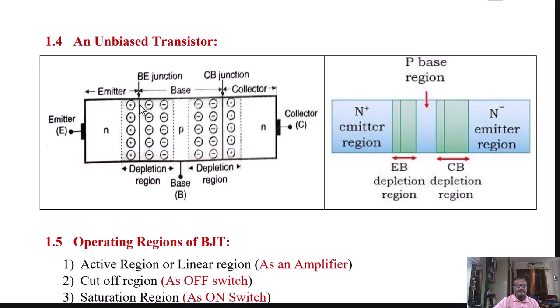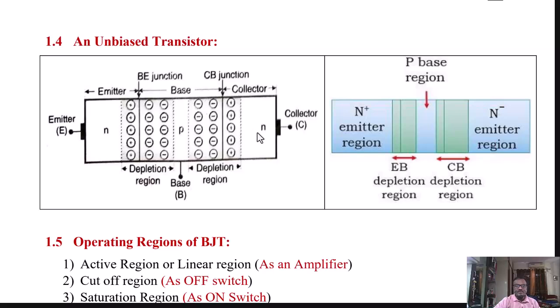Here we have seen that this depletion region will be widened in base more than the emitter because base is lightly doped, and in the lightly doped material the spread of the depletion region is more than in a highly doped area like emitter. Similar thing happens around the collector to base junction. From collector, the electrons are diffused to base, leaving behind the positive immobile ions on the collector side of the junction.